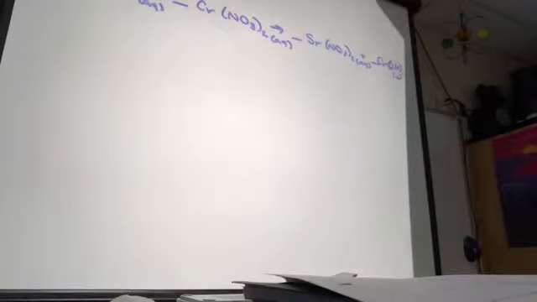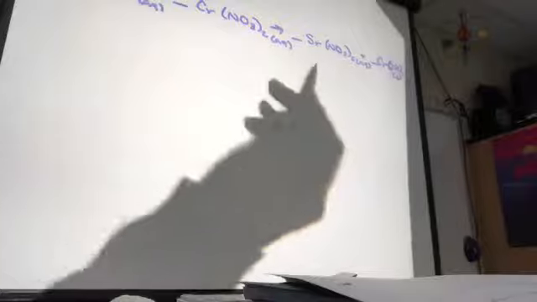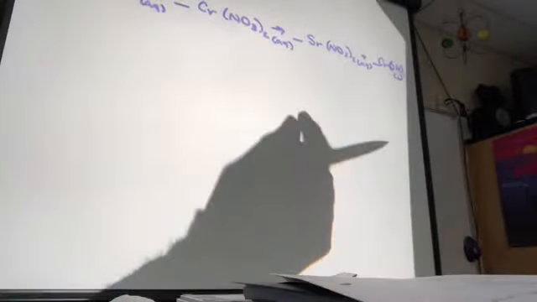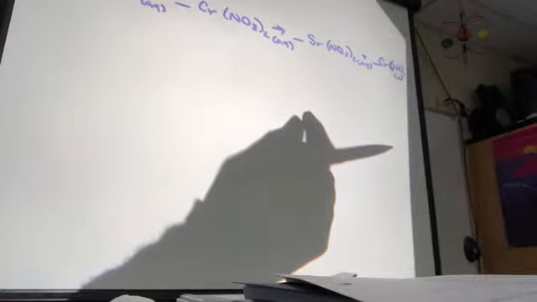Sorry, I ran out of paper. Can you see it though, okay? Cr(OH)2 solid. Now anything that is aqueous gets split in half. We have to balance it first. It's all balanced.